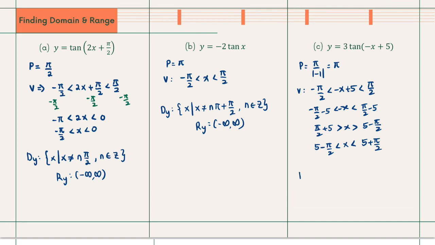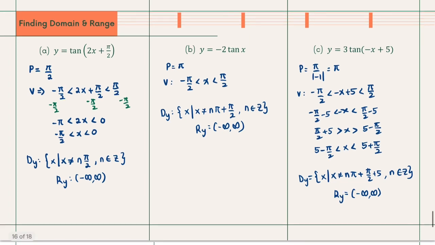So, that means our domain will be x such that x is not equals to n of pi plus pi over 2 plus 5 where n is the element of integers and our range adalah negative infinity until infinity.